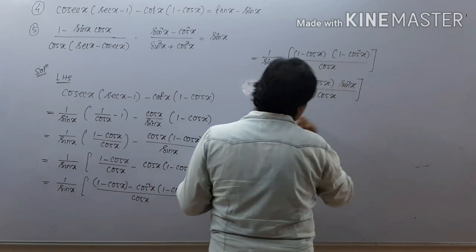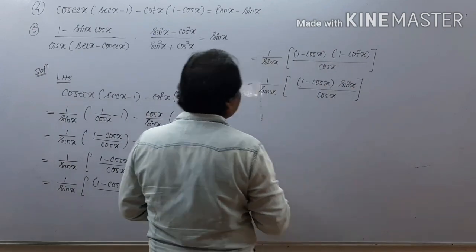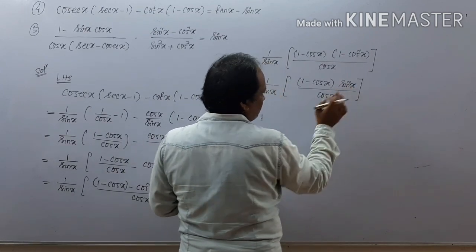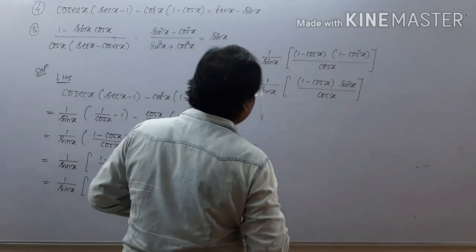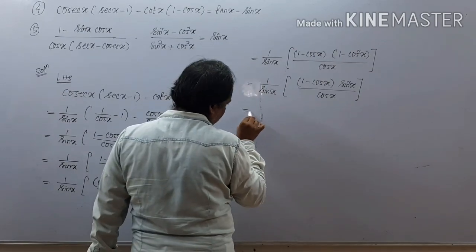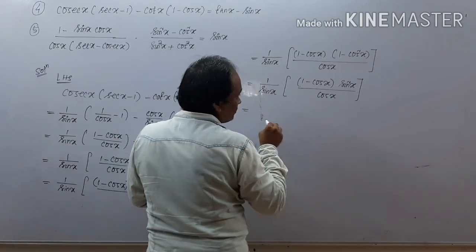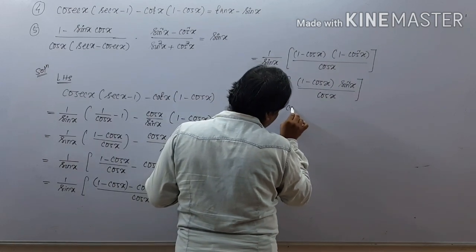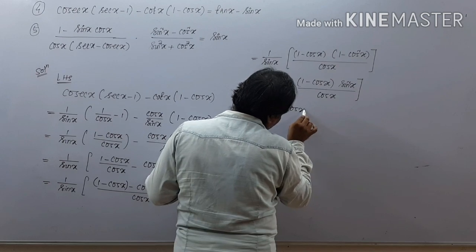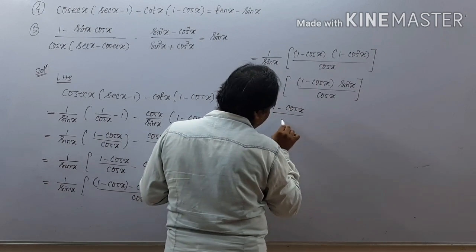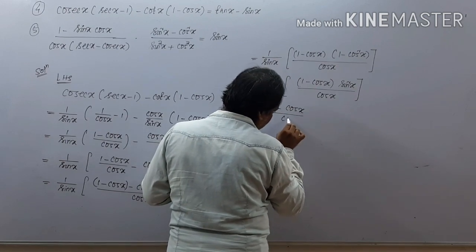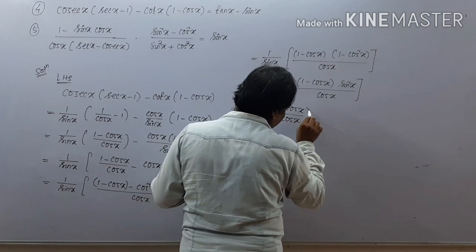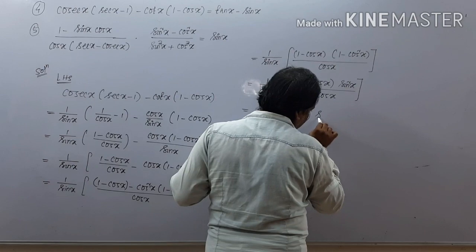So see here, sin x is present here and sin x is present here, so we can cancel one sin x. So what is remaining is (1 minus cos x) divided by cos x, and one sin x will be present.